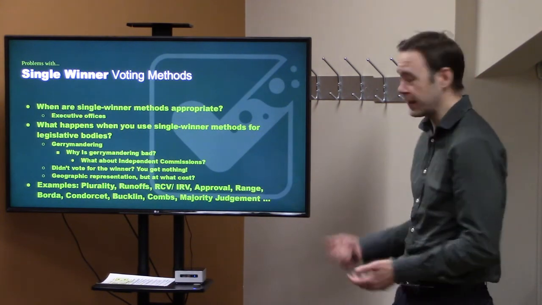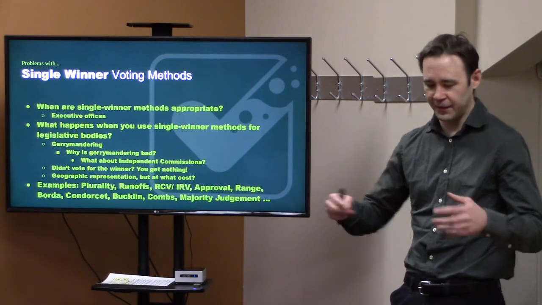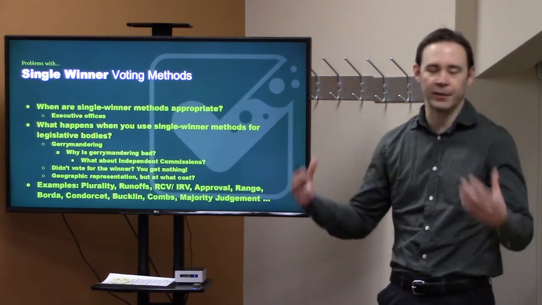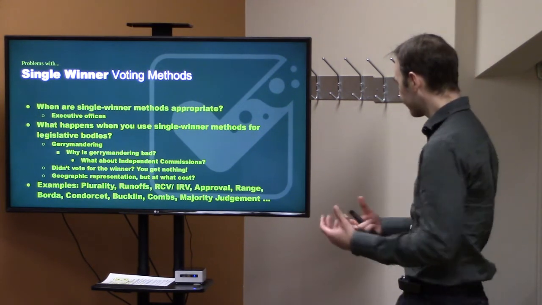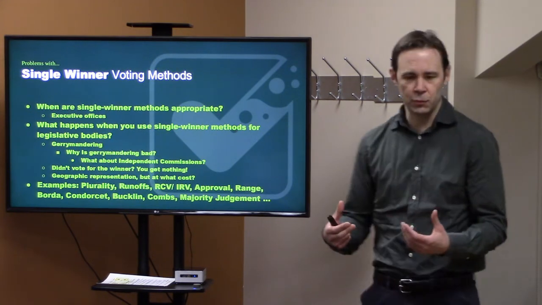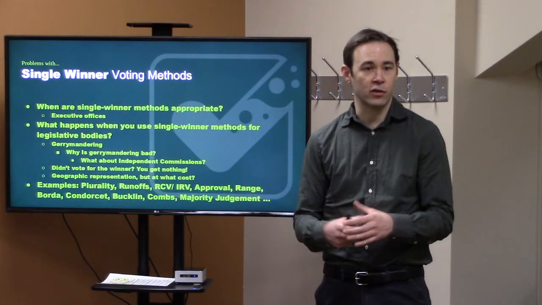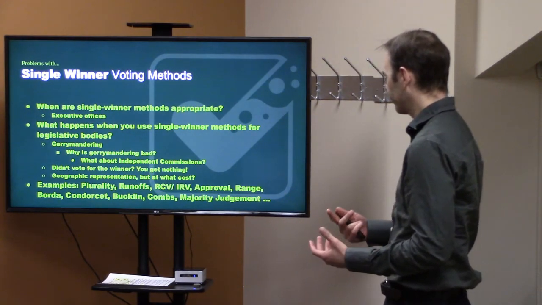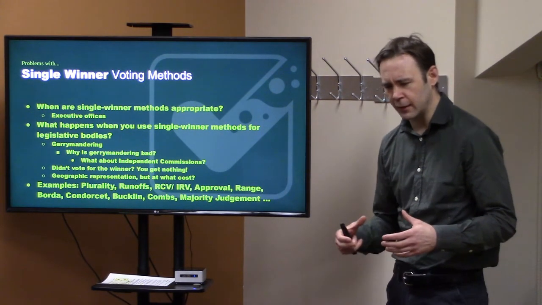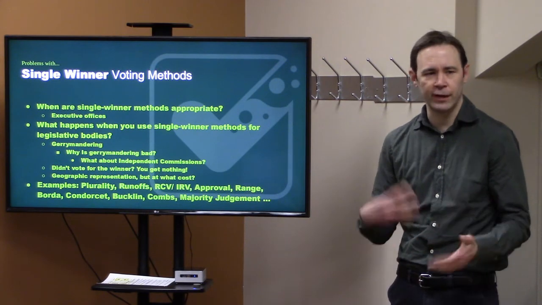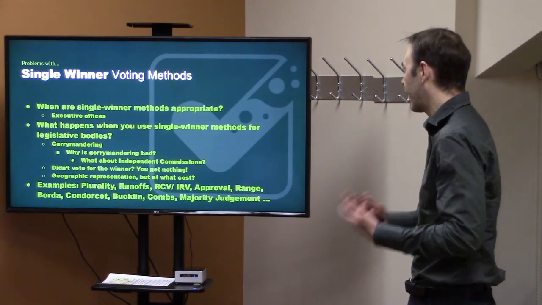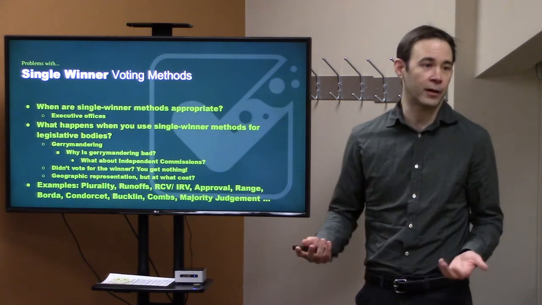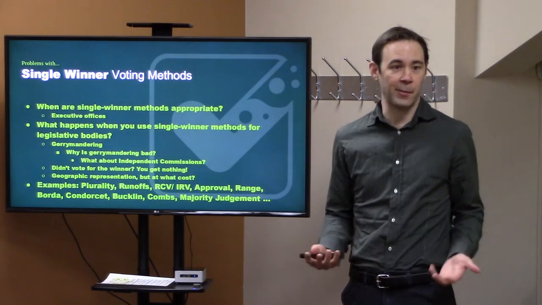In the US, we tend to take these legislative bodies and divide them up into single member districts. You get really tight geographic representation, but you miss out on some other stuff. When you have single member districts, you create some vulnerabilities that are inherent to that. One is gerrymandering. We all know what gerrymandering is.